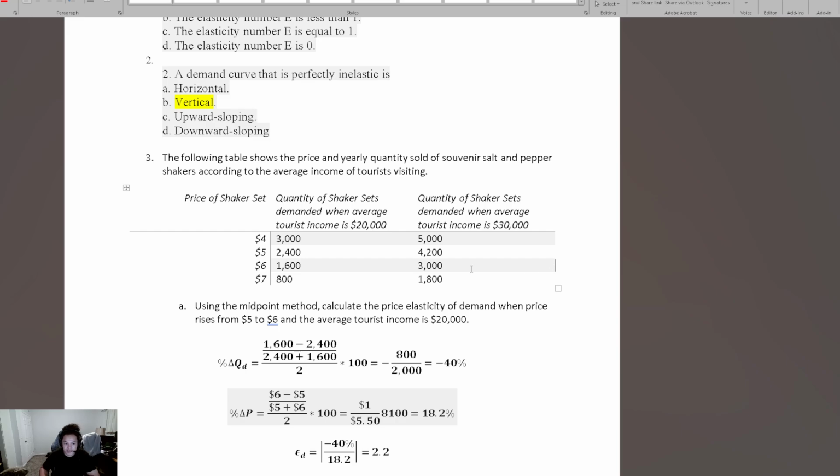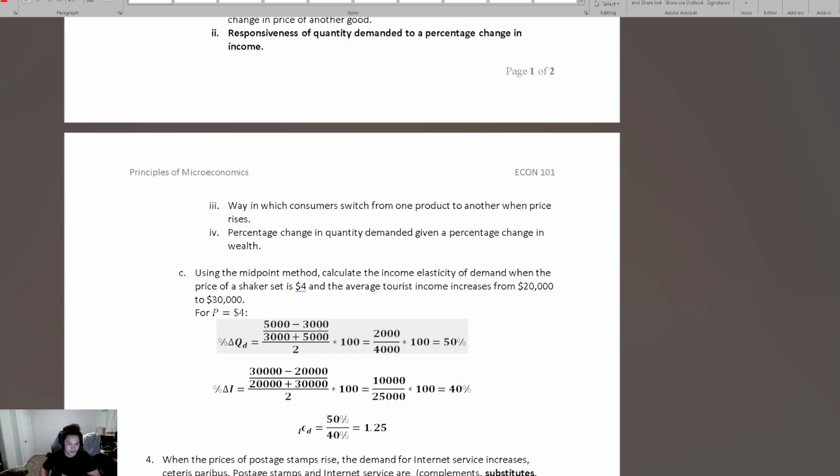Our 5,000 quantity corresponds to our $30,000 income, whereas we only wanted 3,000 of those shaker sets at $20,000 of income. So we're taking 5,000 minus 3,000 divided by 5,000 plus 3,000 divided by 2, and then multiplying by 100. And that's what we see here. That gives us our percentage change in quantity.